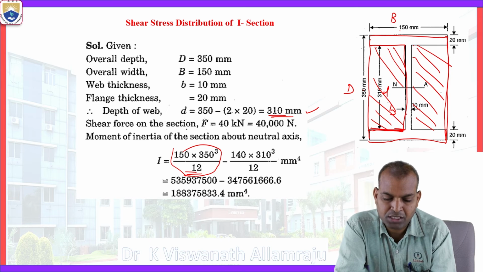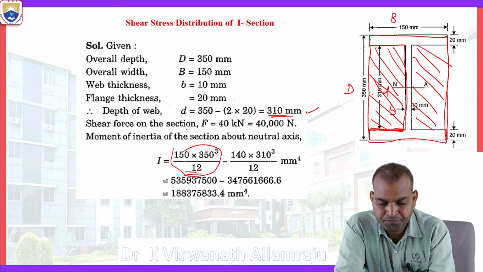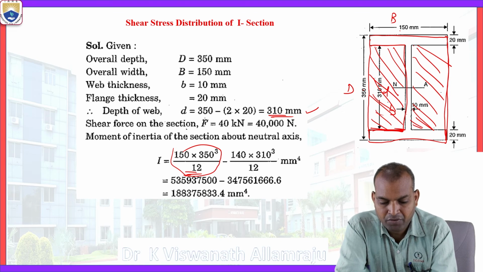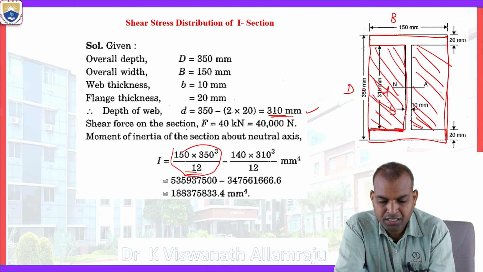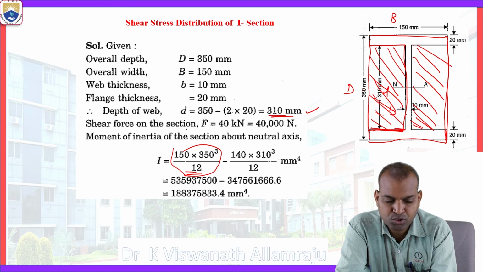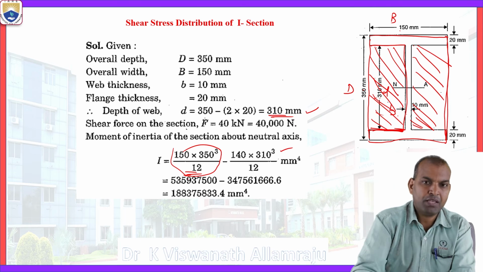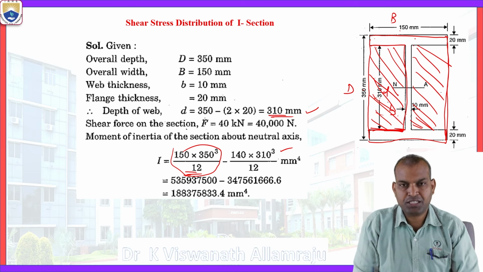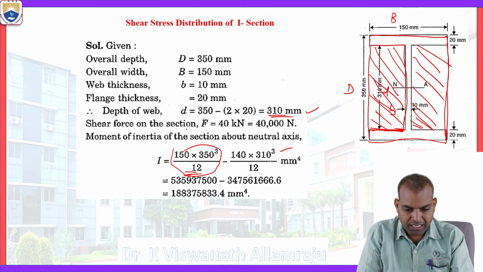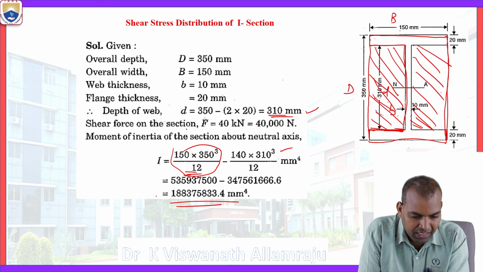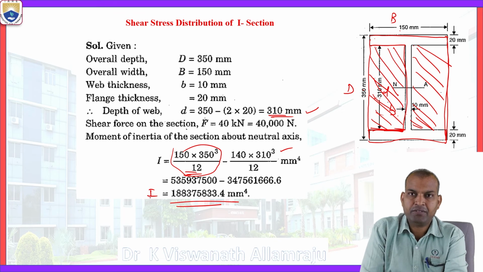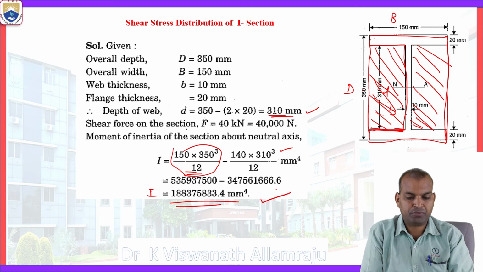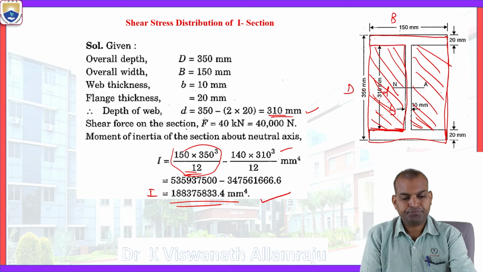The width is 150 minus 10, that is 140. So BD cube, b is here 140, d is here 310. So 140 times 310 cube by 12. If you subtract, then this portion will come, that is the I section portion. So that is about the neutral axis. The calculated value of I here is 188375833.4 millimeter to the power 4. That is the I section.